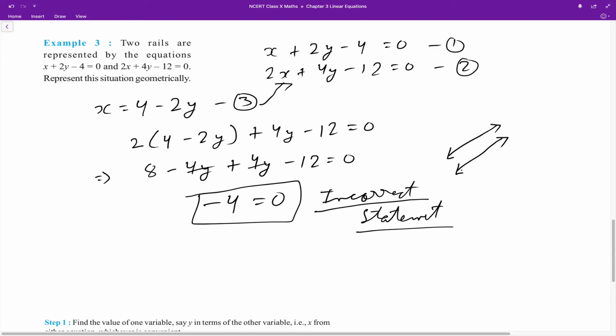So basically, through these last two examples, what I wanted to show was, if at the end of step 2 we get an incorrect statement, it means that there is no solution for this pair of linear equations, and they are parallel lines, or they are inconsistent.